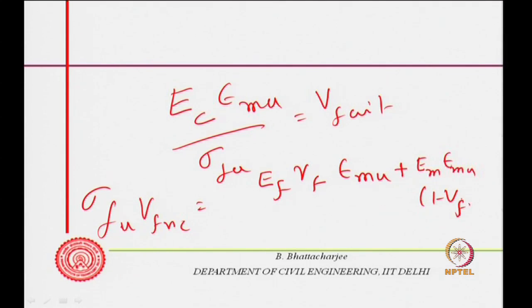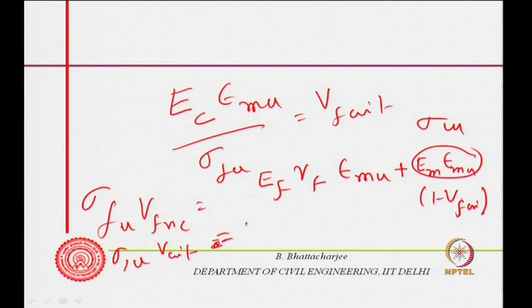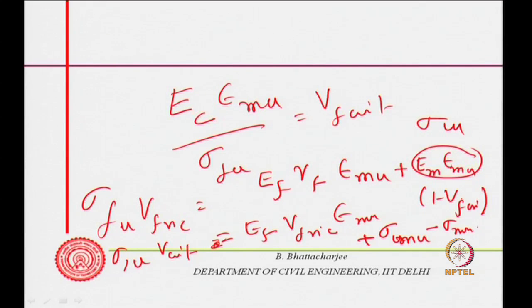Now, this will be V f crit, and if you write this expression for V f crit, you can get on the left hand side, this is nothing but sigma mu. So, if I derive it fully, sigma fu V f crit is equal to E f V f crit epsilon mu plus sigma mu minus sigma mu into V f crit.